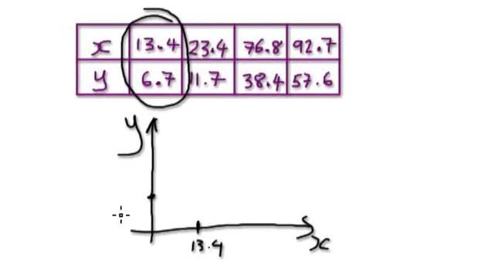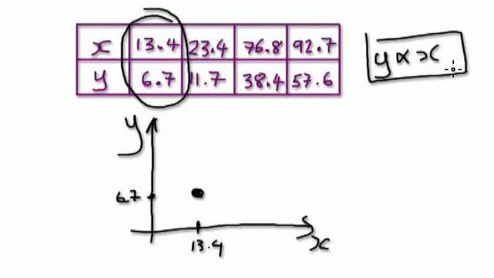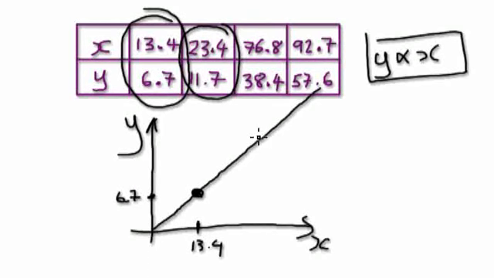So the first point is here. Now, if y is directly proportional to x, then we're going to have a straight line like this, and all these points should lie on this line.